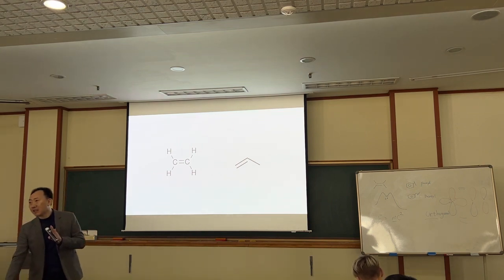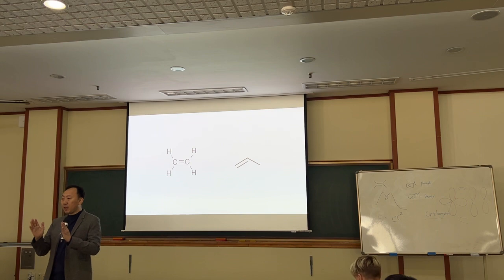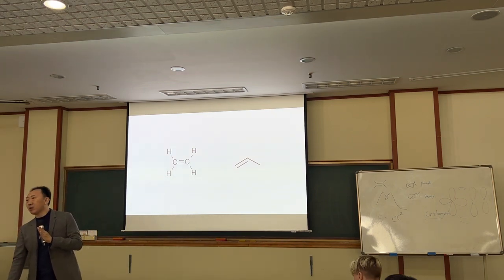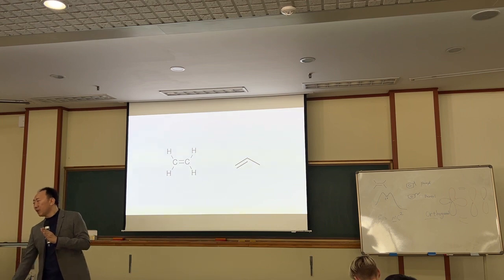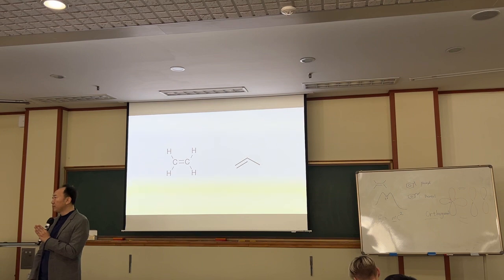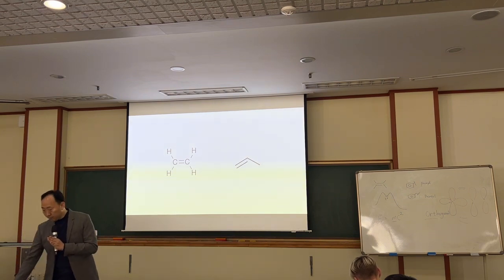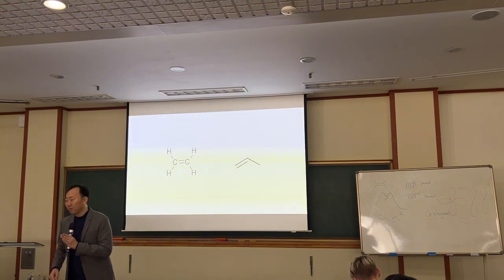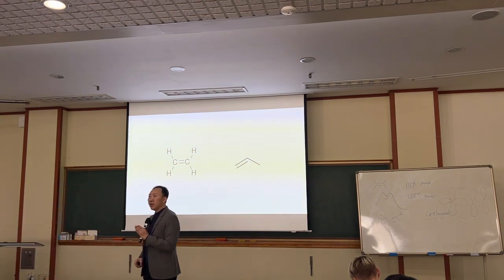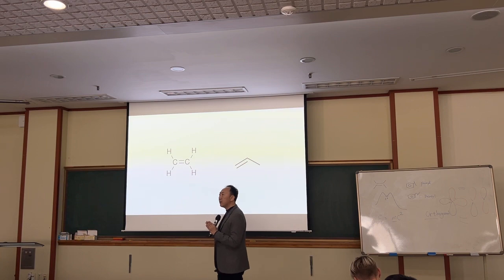In any case, if the pi bond has more space to expand, that's more stabilized. That effect we call hyperconjugation; it's a little different but related to conjugation. It's a kind of interesting concept and also an accepted concept now.